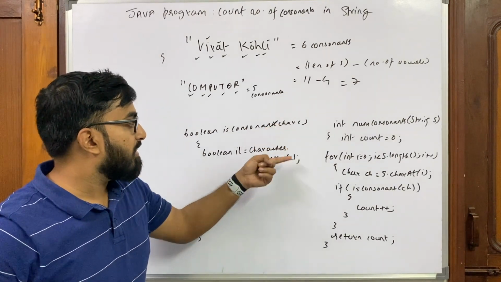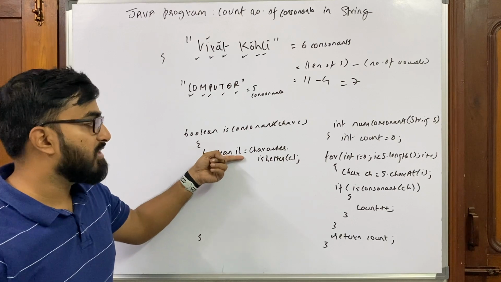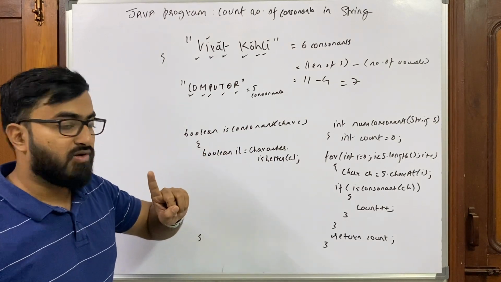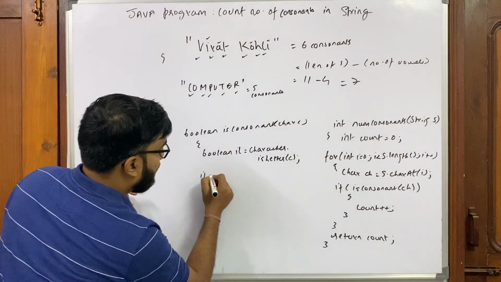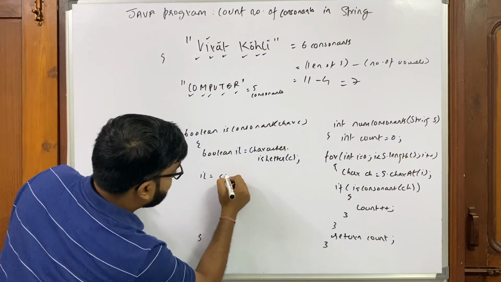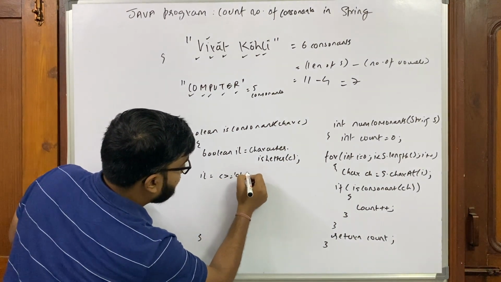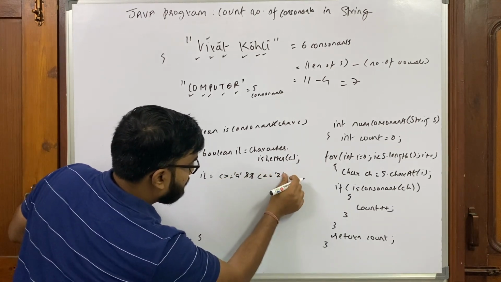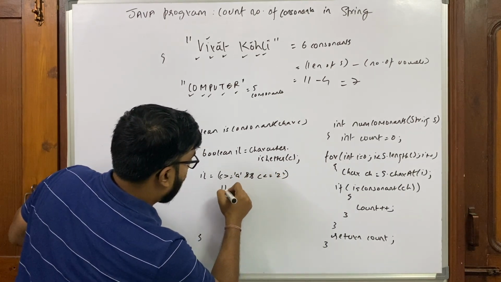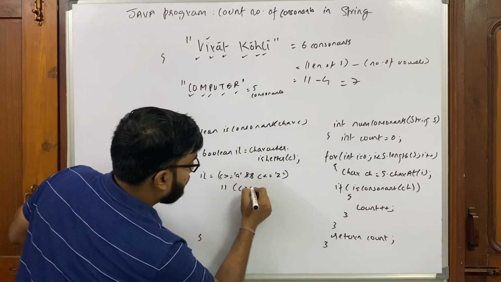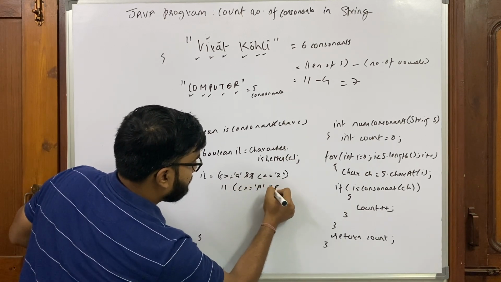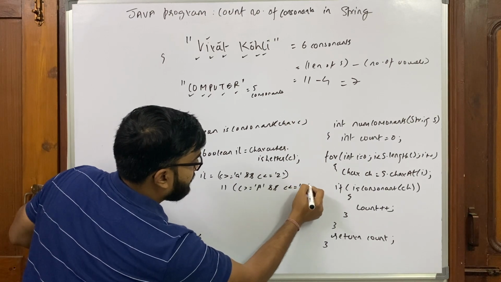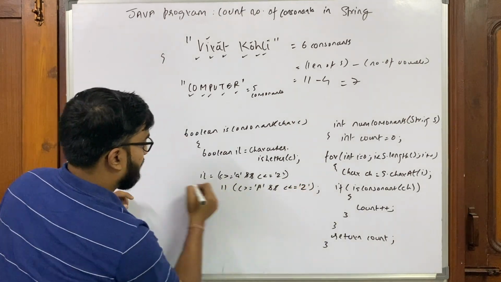So if this is a letter, this boolean value il is going to be true, otherwise it's going to be false. You can also do il is equal to c greater than or equal to lowercase a and c less than or equal to lowercase z, or c greater than or equal to uppercase A and c less than or equal to uppercase Z, and you can say boolean.